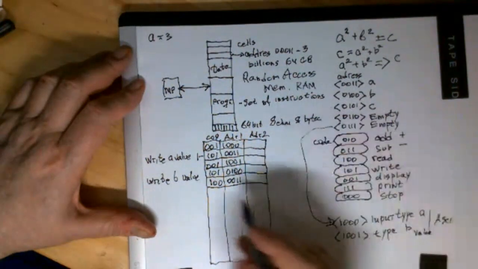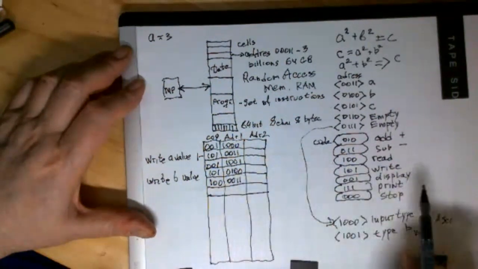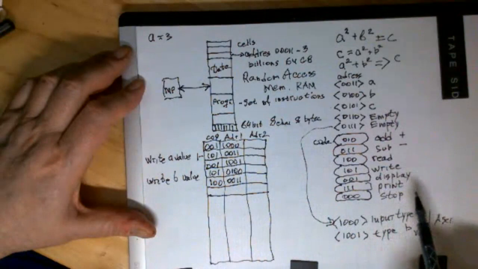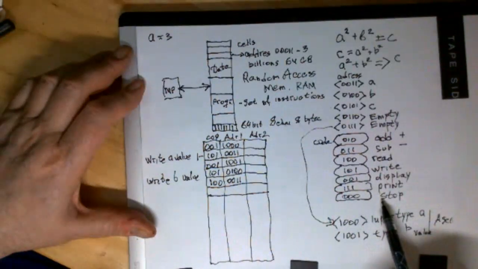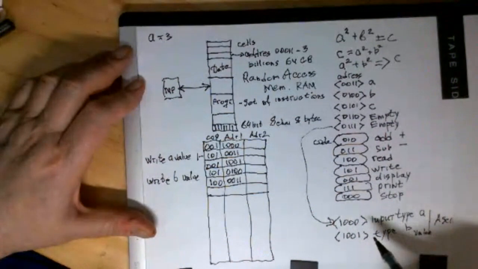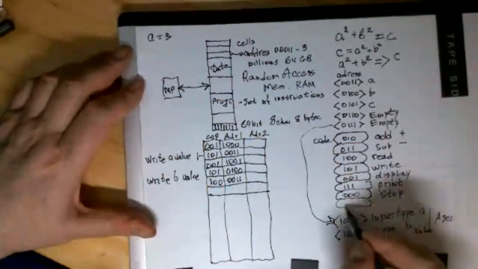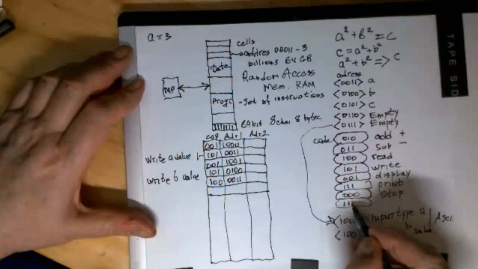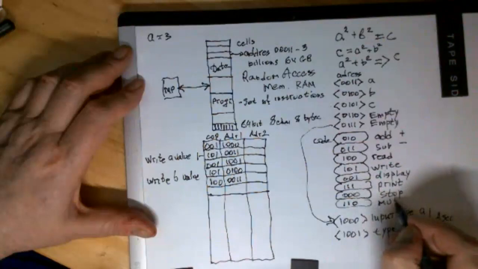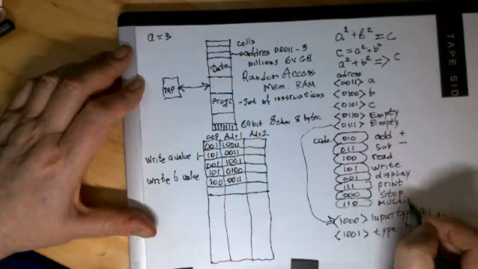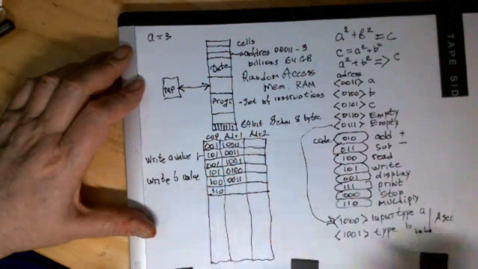Then I need to multiply by itself to calculate a square. Multiplication. What is the code of multiplication? I don't have a code for multiplication. Let's input a code for multiplication: 110. That will be multiply. 110.